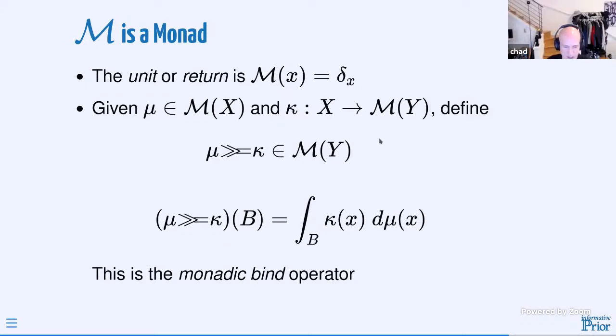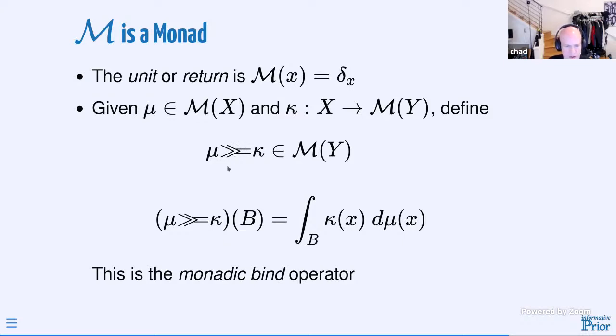Okay, what about the bind? So for a monad, we need a unit or a return, and we also need a bind. So bind says, given some measure and some kernel going from x to measures of y, we need to return this operation that gives us a measure in y. Okay, and this is the usual symbol you see in functional programming.